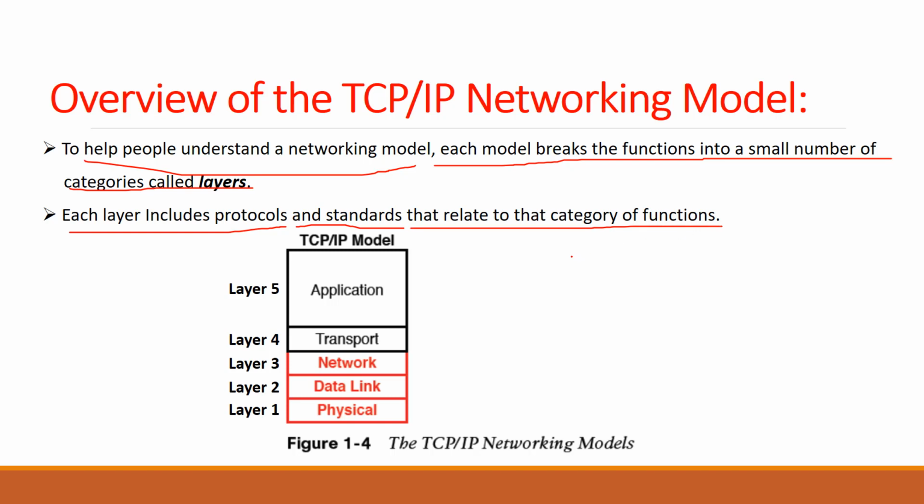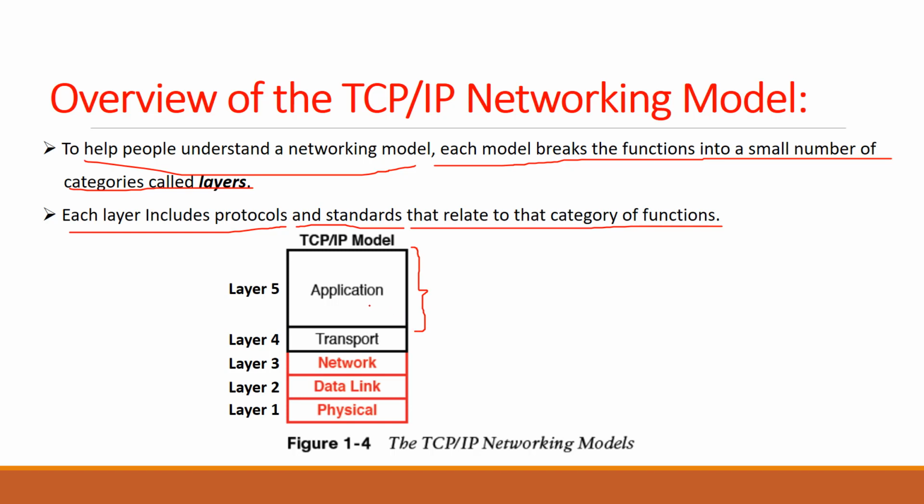As you saw with the example of sending a mail from Muhammad to Jasmine, this process that required a pen and paper, ink, envelope, works as the application layer in the TCP/IP model.